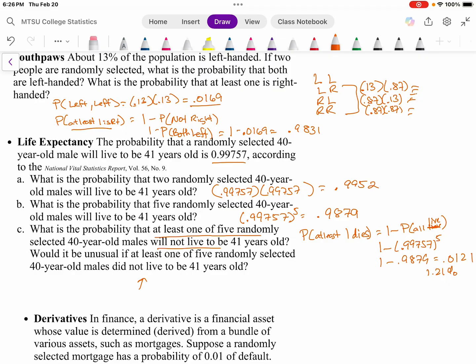So I wouldn't say it's too unusual, but it always comes down to, okay, what are we comparing it to? If 5% is the cutoff, well, 1% is less than 5%. So yeah, it would be unusual for at least one of them to do that, because that is a low percentage. So I could see saying yes, it is unusual, since that's a really low percentage there.